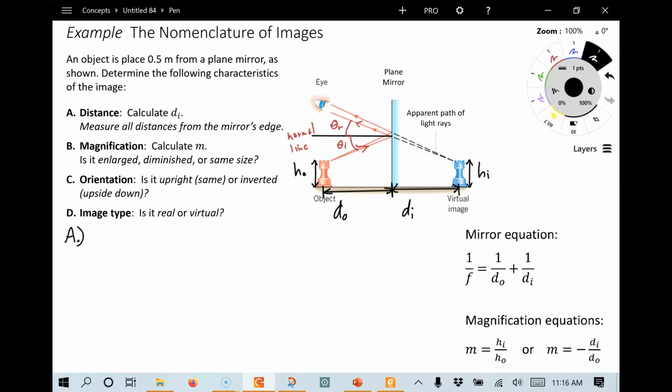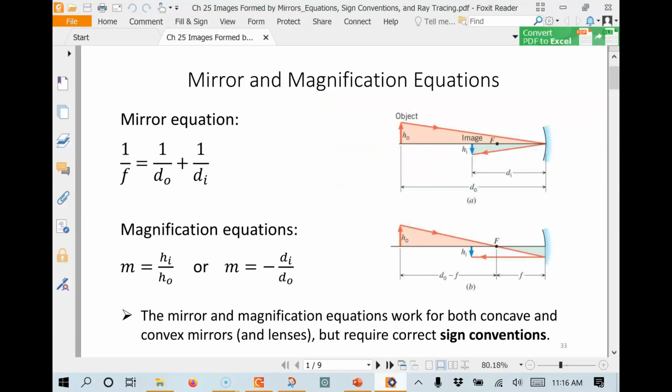We're going to use the mirror equation here. For the mirror equation, we are told the object initially is a distance 0.5 from the plane mirror. So we know that this is a length of 0.5 meters. But we've got to figure out what the sign is, is it plus or minus. Let's go back and look at our sign conventions.